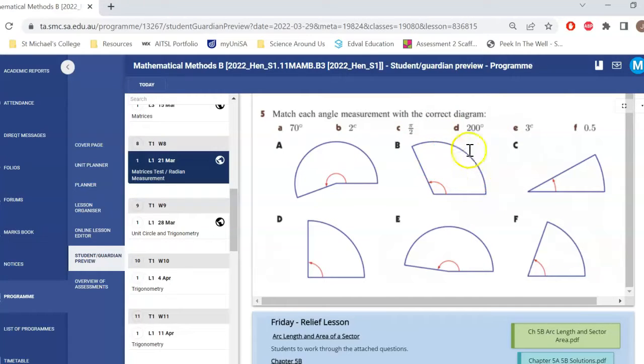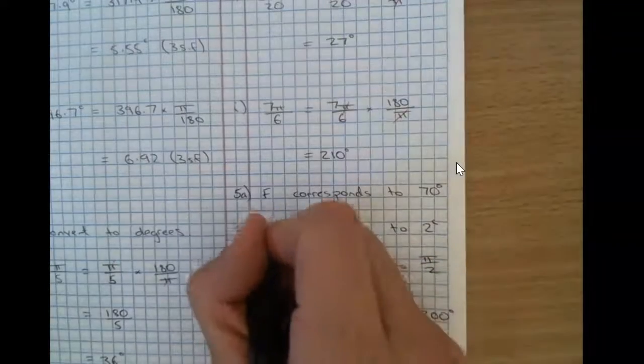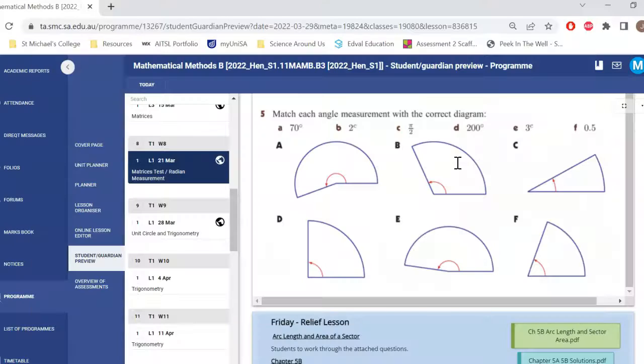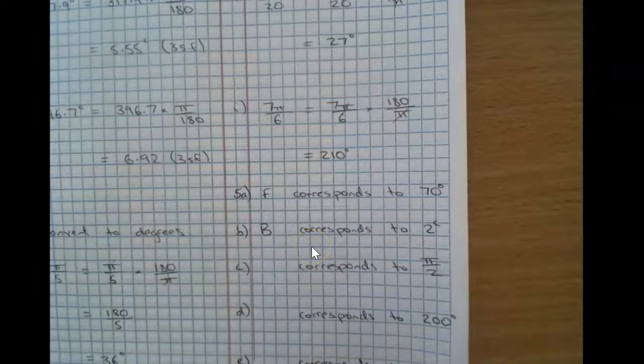So that would be the best fit. B would correspond to 2 radians. C, pi on 2. So pi on 2 is 90 degrees. I can see straight away that D would correspond to 90 degrees.